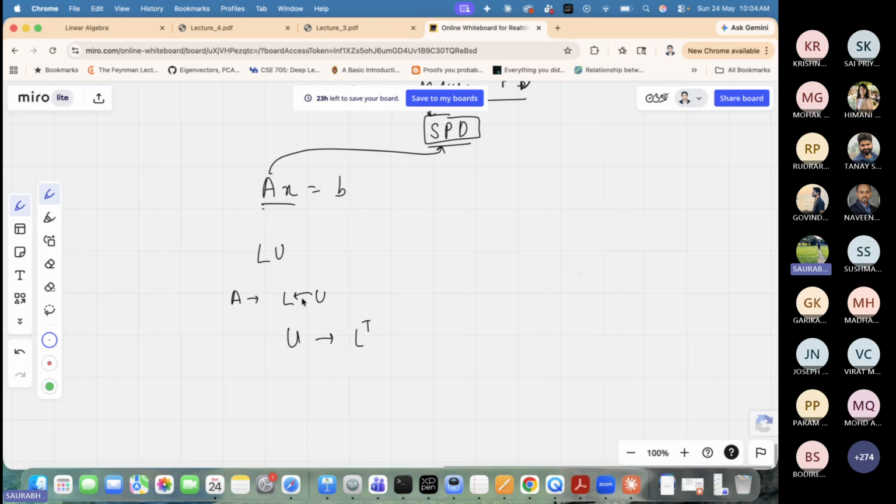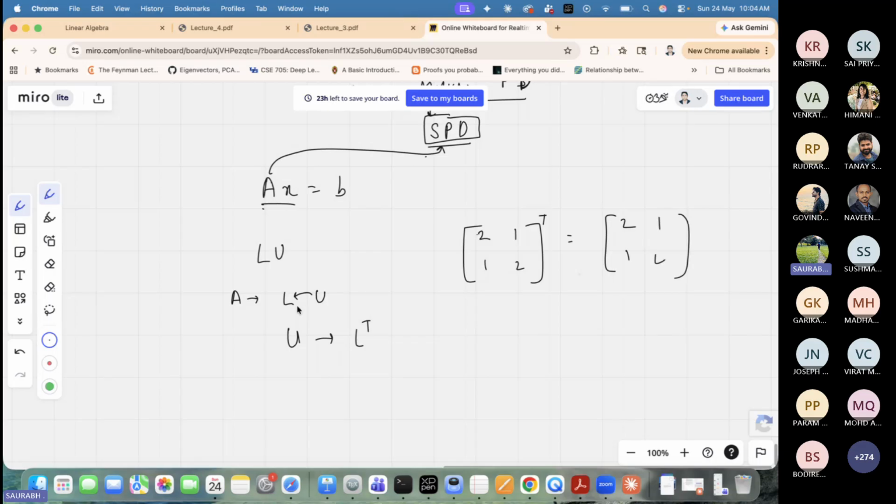Now, because A is symmetric, take a symmetric matrix, let's say 2, 1, 1, 2. This is a symmetric matrix, right? Whatever you do, if you take its transpose, it would look the same, 2, 1, 1, 2.